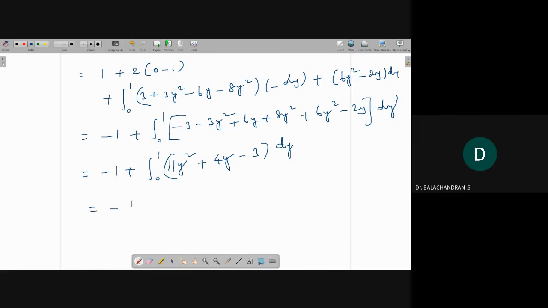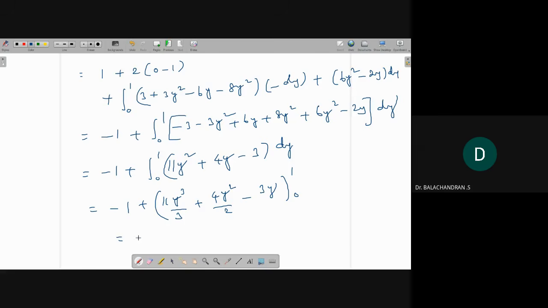Which is equal to minus 1 plus, if you integrate, 11 y cube by 3 plus 4 y square by 2 minus 3y. Limit is from 0 to 1.